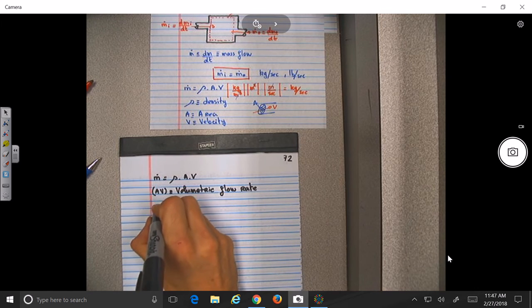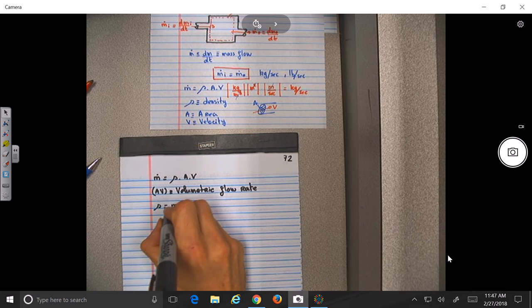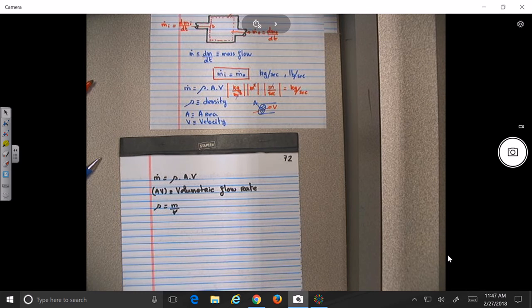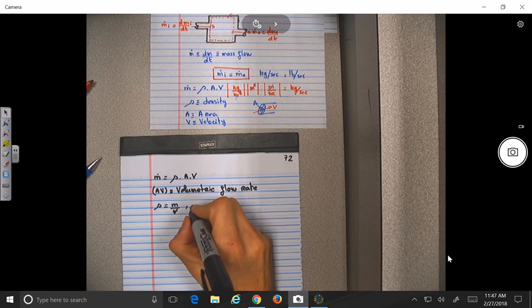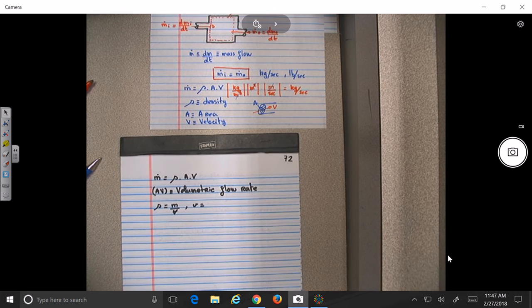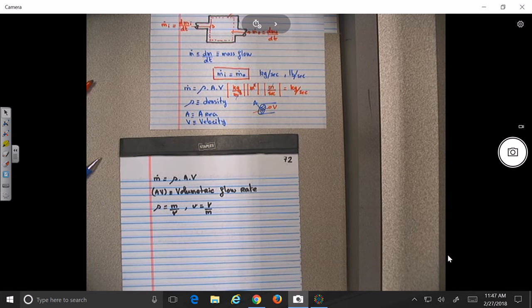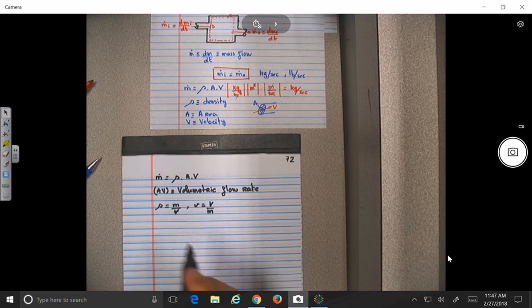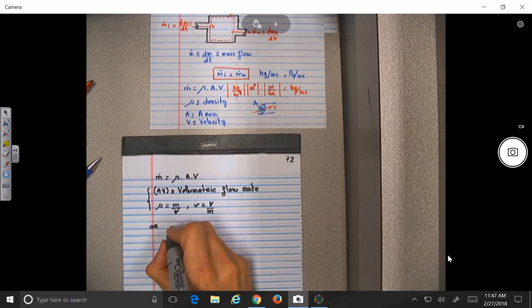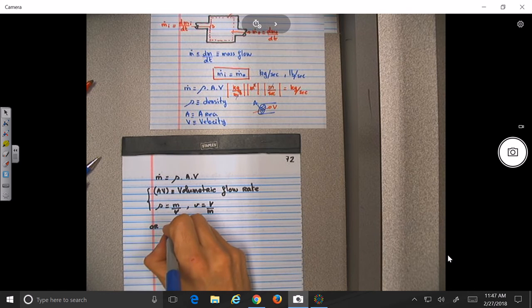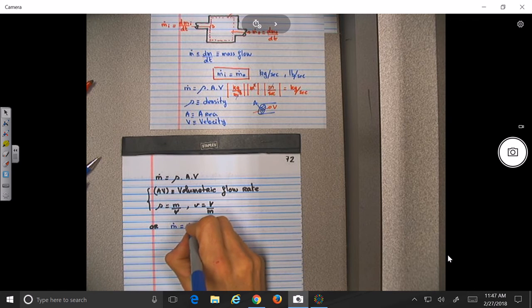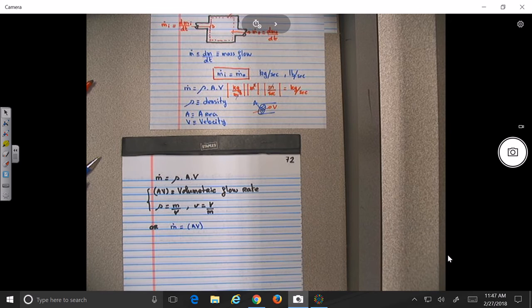And what is the definition of the density? Mass over volume. What was the definition for specific volume? Volume over mass. So basically that means that if we use this tool, we can rewrite the mass flow as what?